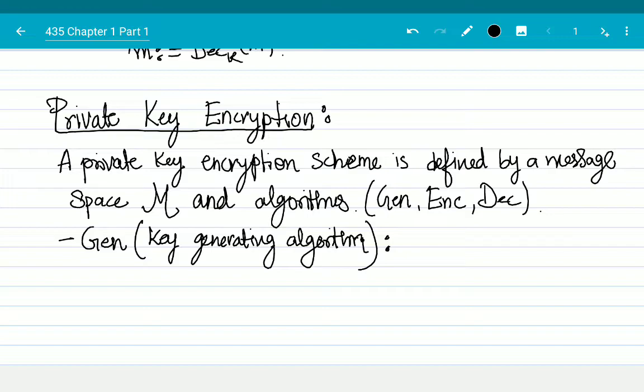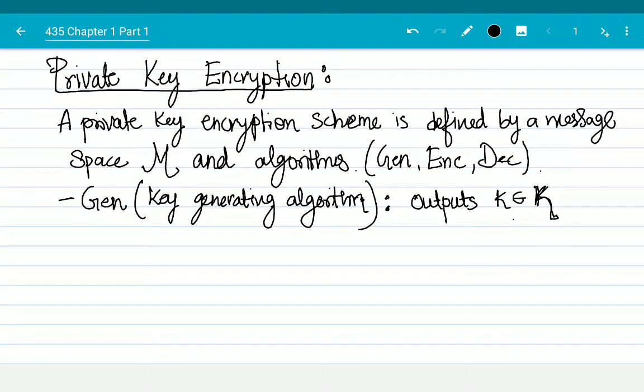You might have a page full of keys, and there is some algorithm you're going to use that you will say, oh, now I'm going to use this key this time, right? So generator is going to be some algorithm that outputs which key you're going to use. Outputs K, which is a key. Okay, so this is a key space that I'm going to have, and my key K is my key.